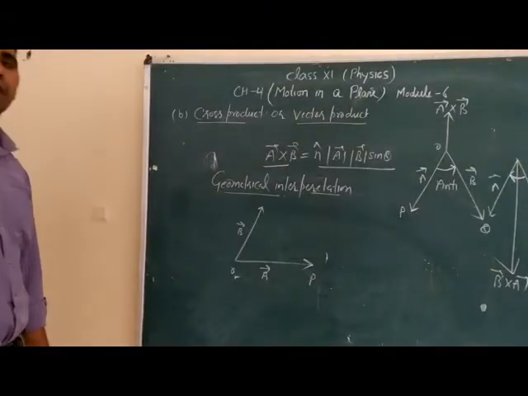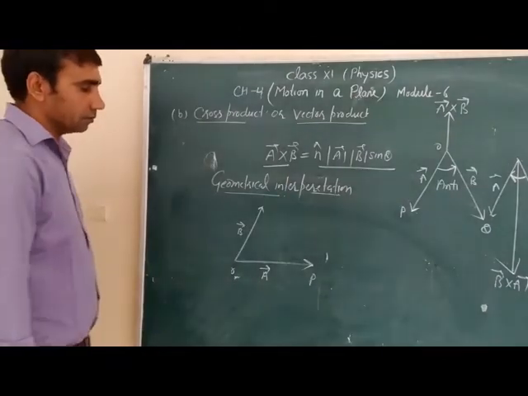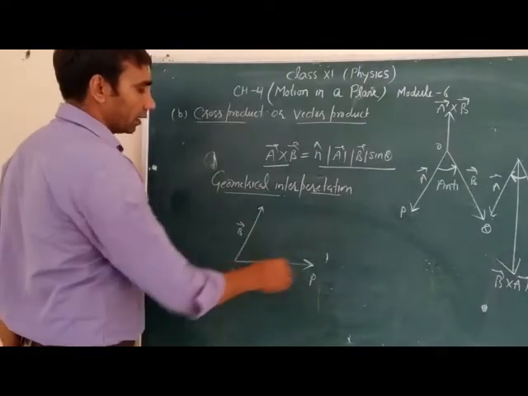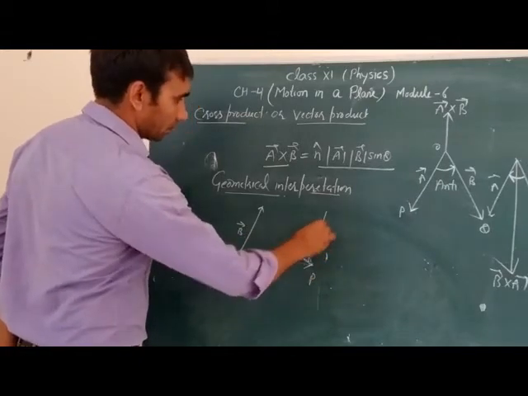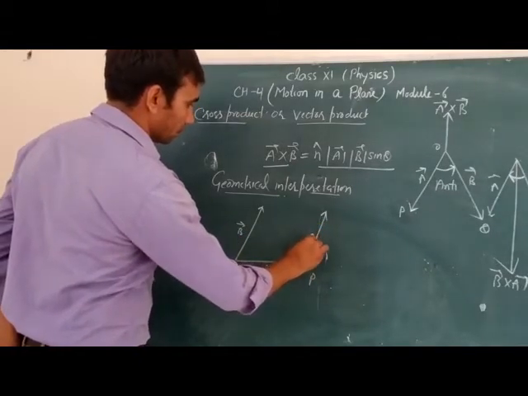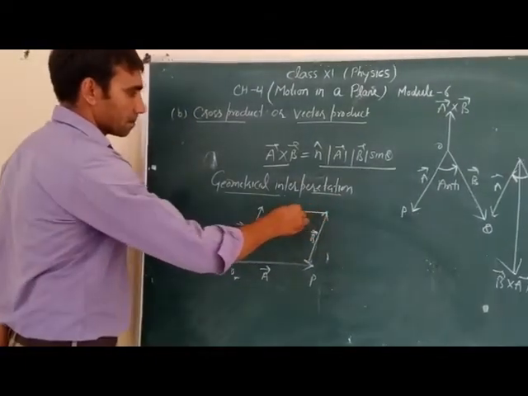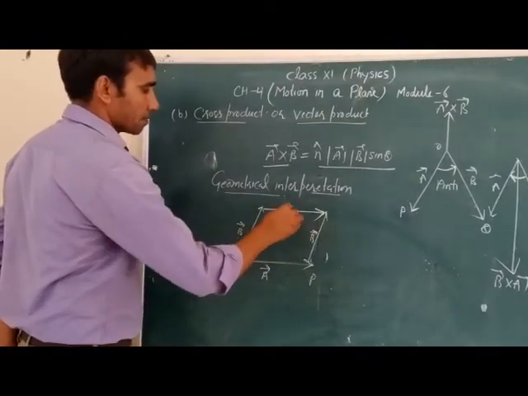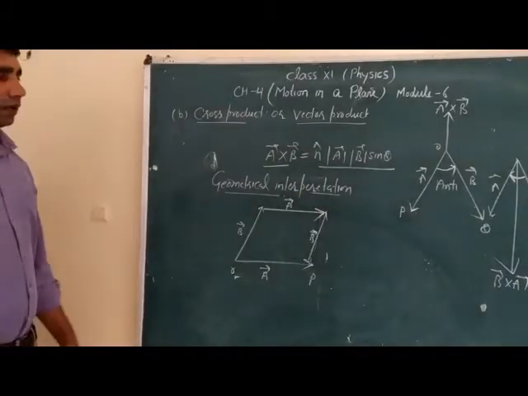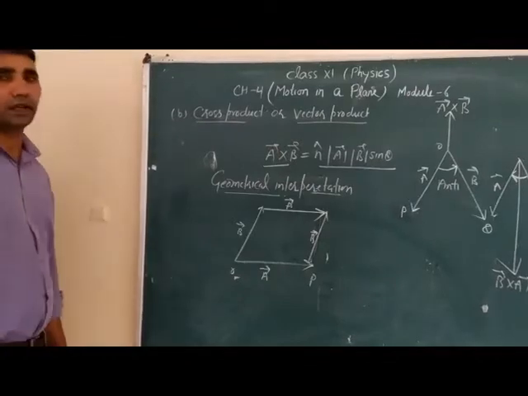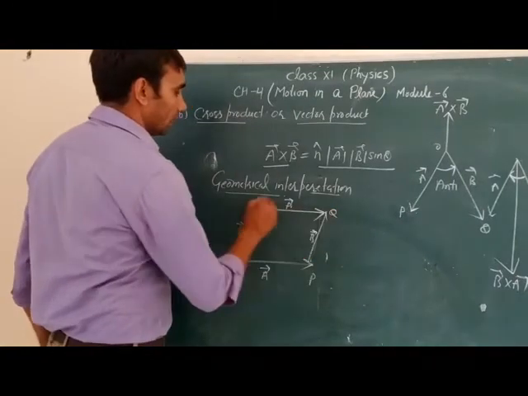This is another vector B. Now draw the parallelogram: draw vector B, and another vector A. This is the parallelogram OPQS.